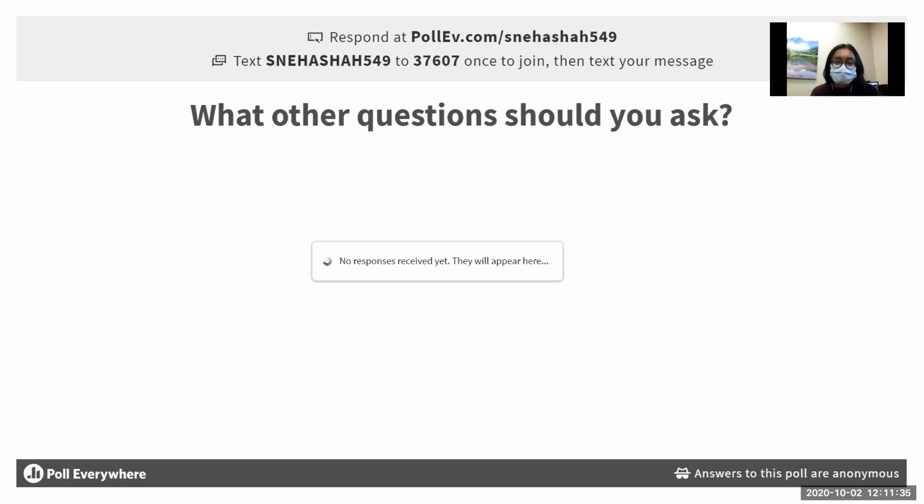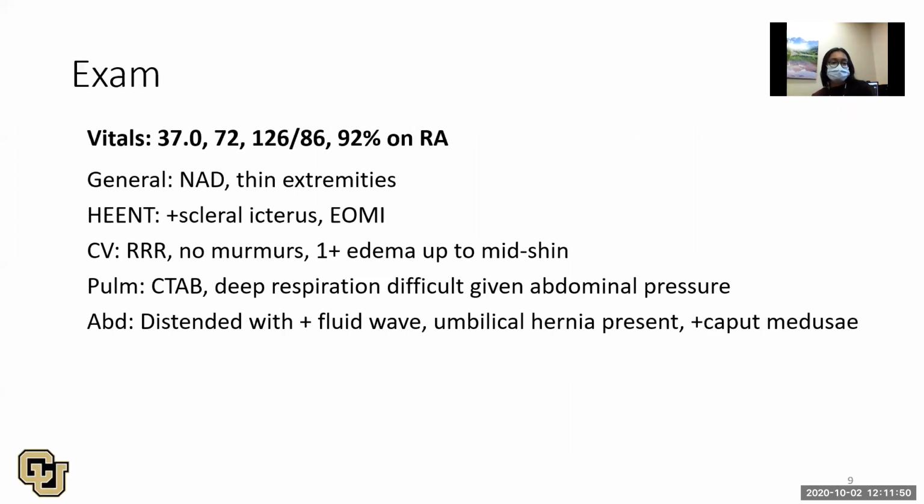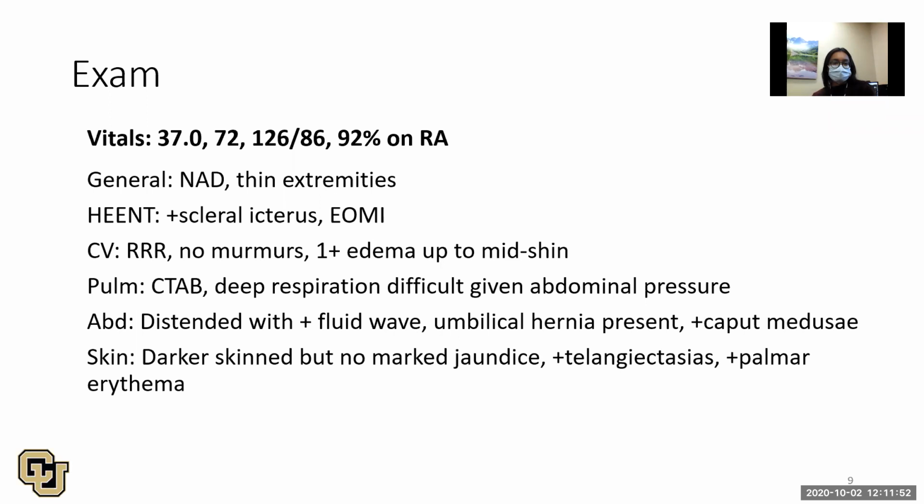And then Amanda, in the ROS, we said that he denied any fevers or chills. Great. Okay, so here's his exam. He has pretty normal vital signs. He has thin extremities, positive icterus, some edema that you noted on your exam.